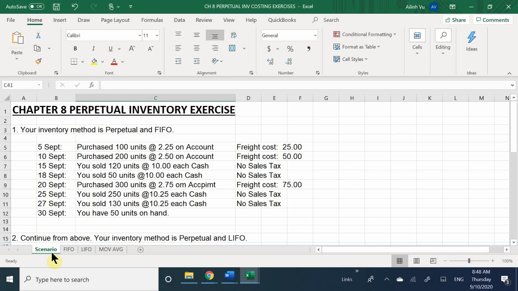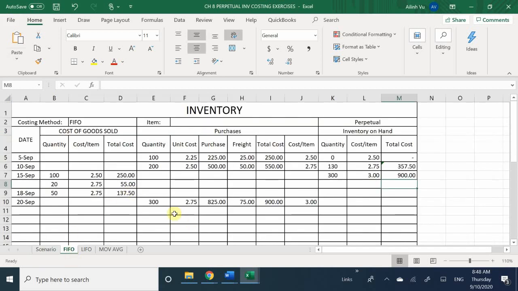Okay, so what else has happened? We sold an additional 250 units. Oh, sorry about that, guys. We sold an additional 250 units on the 25th of September. So 925.